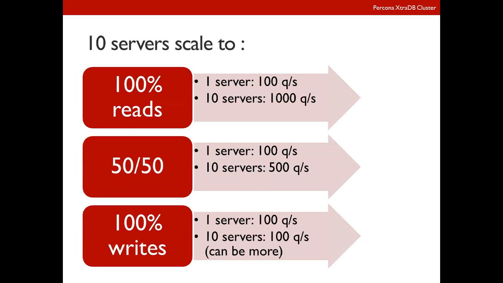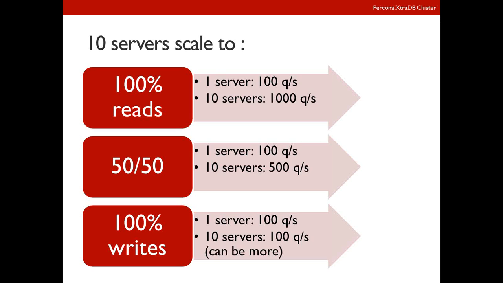So if you put some numbers in that equation, if one server can handle, say, 100 read queries per second, then 10 servers in the XtraDB cluster will be able to handle 1,000 of the same queries per second.